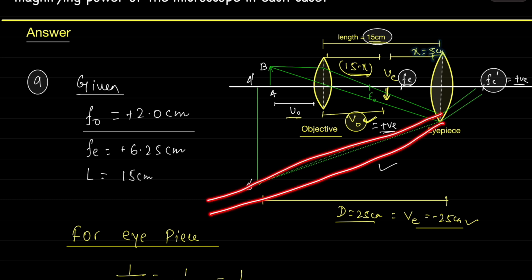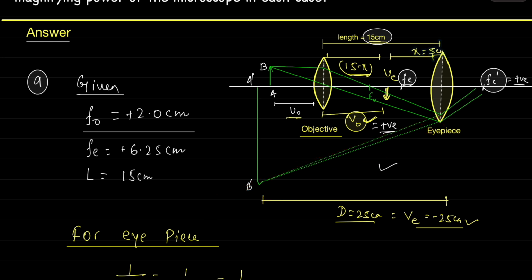So parallel rays will meet at infinity. We don't know the exact position, so we assume that it will meet at infinity. So our logic is the same, nothing is changing. We again just change this D to infinity, meaning the value for VE is at infinity.